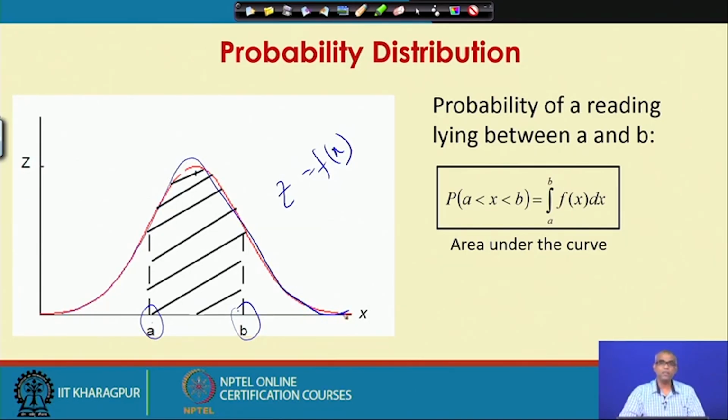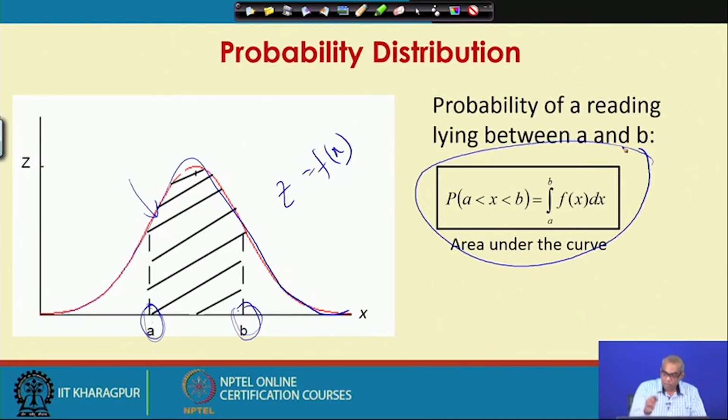So, what is the probability that a reading will lie between point A and B? That means, what is the probability that x will lie between A and B? That can be obtained by finding out the area under the probability density function curve between points A and B. So, the area under the curve can be computed by this integral.